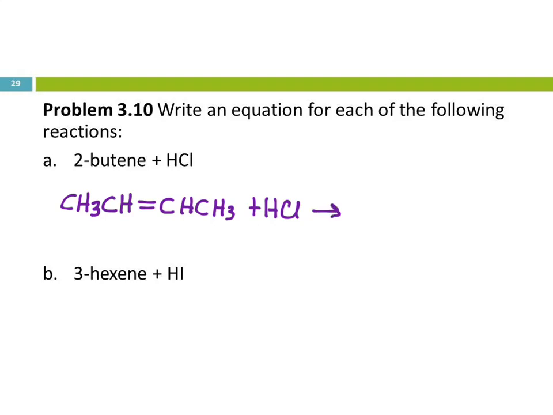And then we're going to end up with our original thing here. I'm going to change colors here. Make the HCl a different color. And so we get H on one side and Cl on the other.